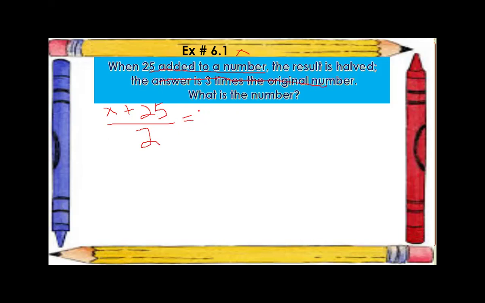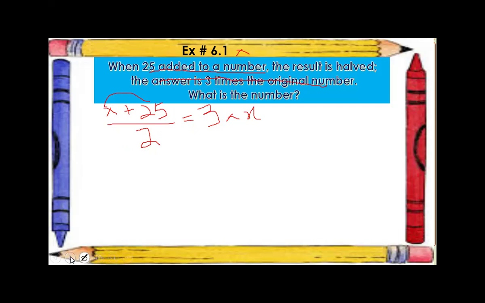So the answer will be 3 times, that means 3 into the original number, 3 times x, right? Again, look at the equation. If 25 is added to the number, the result will be half. The answer is equal to 3 times the original number, right?